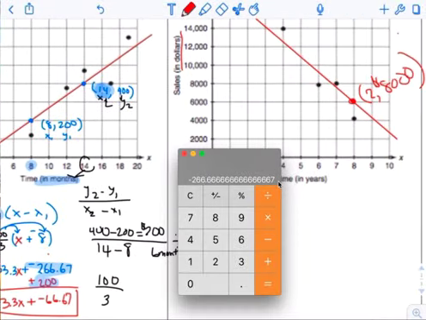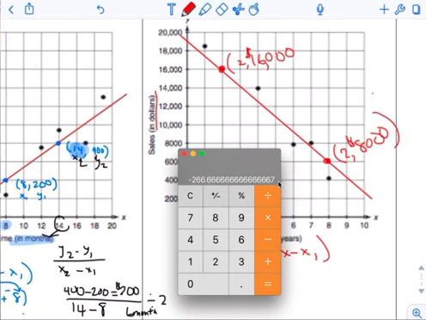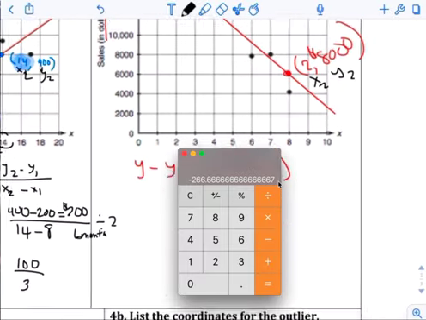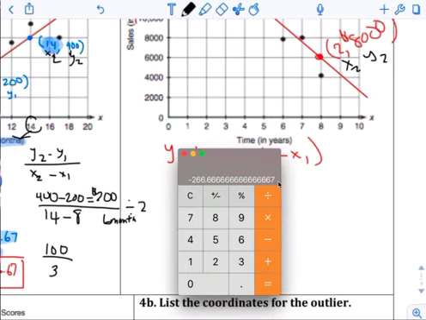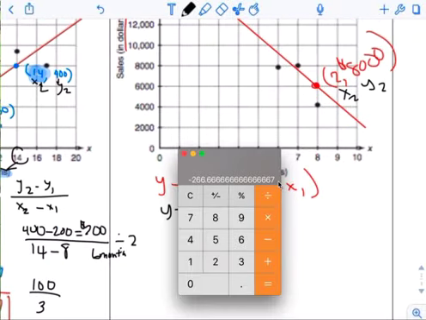Make sure you start with y minus y sub 1 equals m parentheses x minus x sub 1. And label this x sub 1, y sub 1, x sub 2, y sub 2. And so you get y minus y sub 1, which is 16,000, equals m.